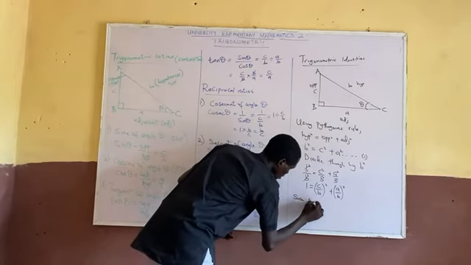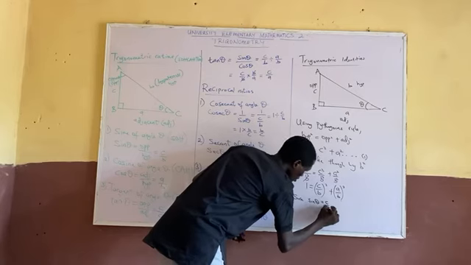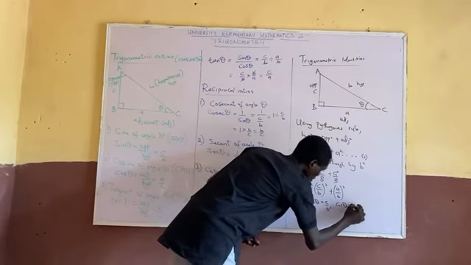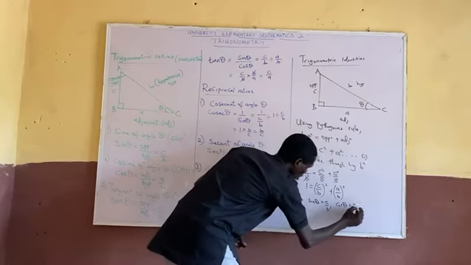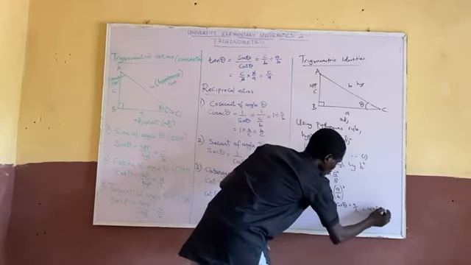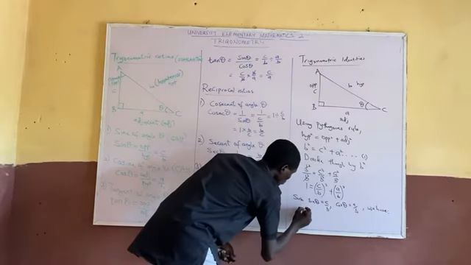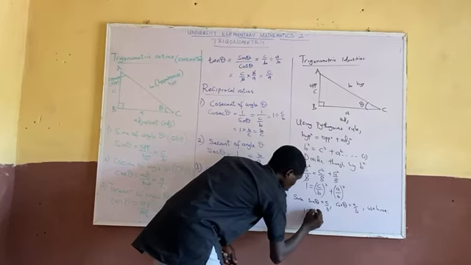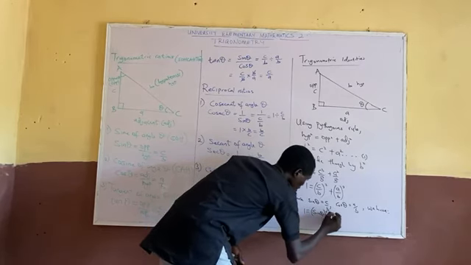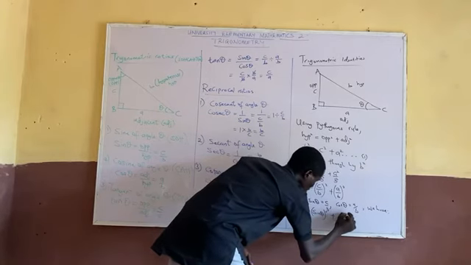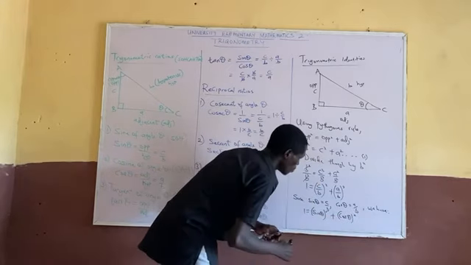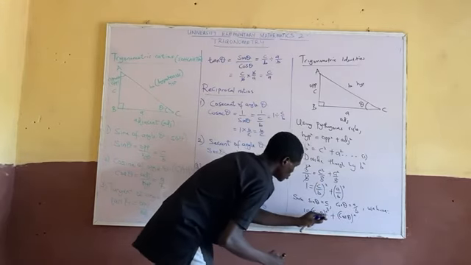Since sin theta is equal to c over b, and cos theta is equal to a over b, then we have 1 equal to [sin theta] squared plus [cos theta] squared. When you open the bracket, you use this to multiply this.